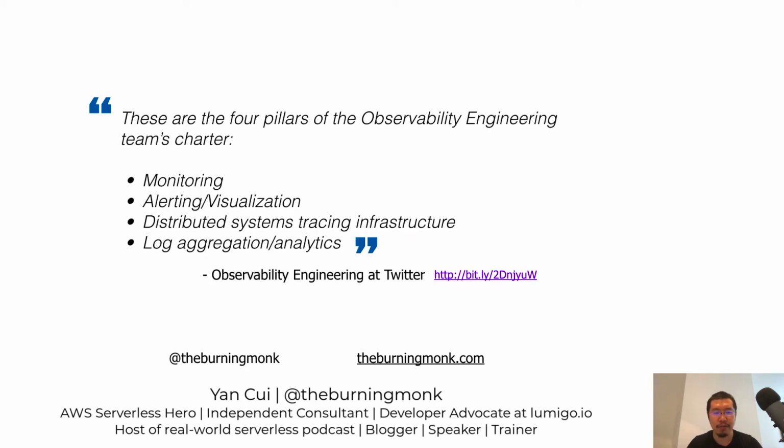If you go back to one of the first articles on observability, in terms of the actual implementation, the general consensus is still moving around, but you tend to think about having monitoring, alerting, visualization, tracing, and some kind of log aggregation so that you can easily search through all of your logs.